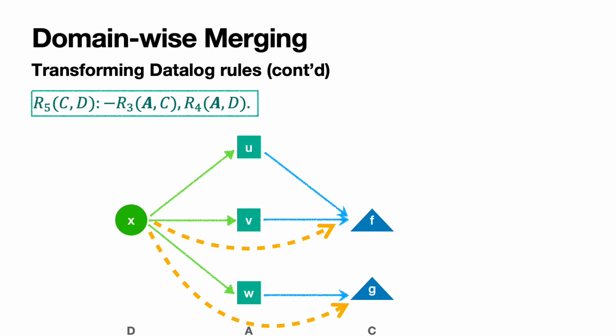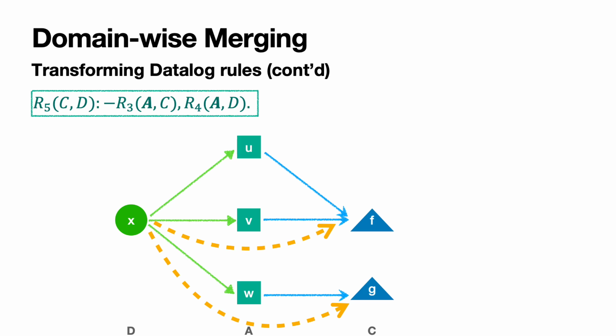And the second case is that the sensitivity domain joins with other domains in the rule body. Here, in the rule R5(C,D) from R3(A,C) and R4(A,D), tuples of R3 (U,F), (V,F), (W,G) join R4 (U,X), (V,X), (W,X) on the first domain and derive R5 (F,X), (G,X).